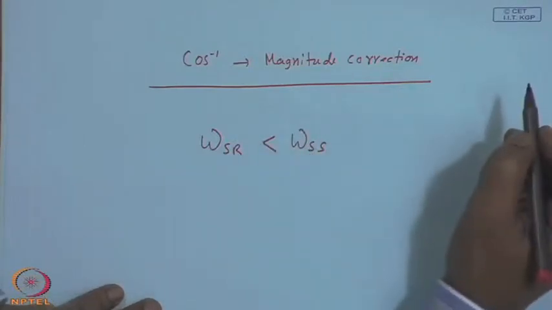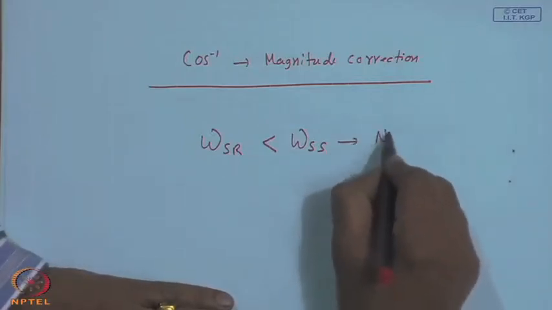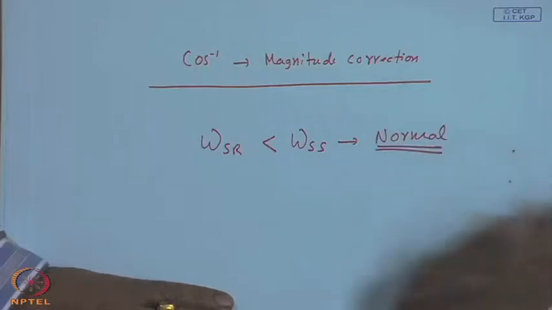So, irrespective of the sign, we can say that if omega s r is less than omega s s, normal, you take the sign into account, you take the magnitude also into account, right, no problem. Minus 82 is less than minus 60.